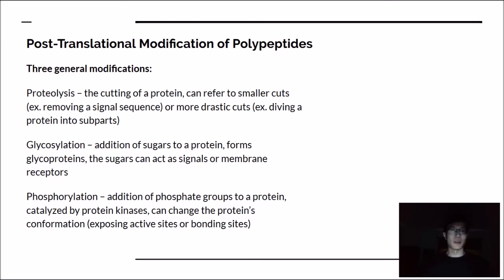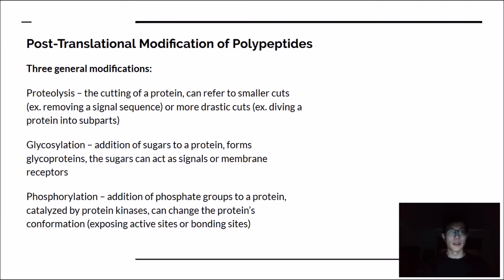And these glycoproteins are obviously very important in the surfaces of cells. And then finally, you can have phosphorylation events, which are also very key in signaling pathways. By adding certain phosphate groups onto a protein via these things called protein kinases, they can change protein conformation and ultimately affect whether the protein is going to be active or inactive. So post-translational modification of polypeptides can also affect gene expression.